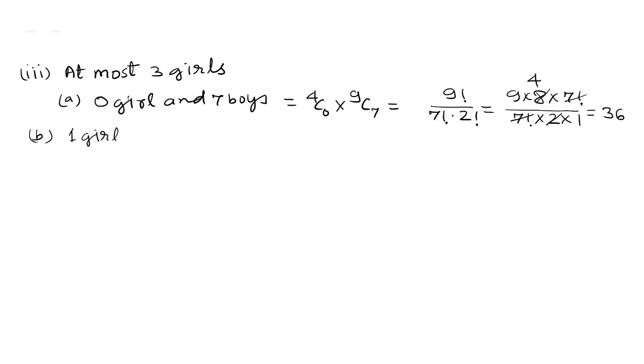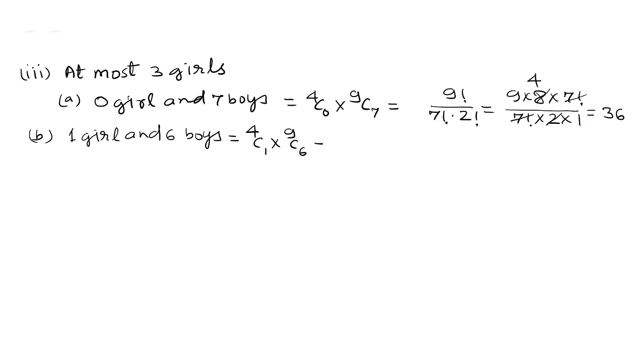Part B: 1 girl and 6 boys. This can be done in one girl can be selected in 4C1 ways, multiplied by 6 boys can be selected in 9C6 ways.